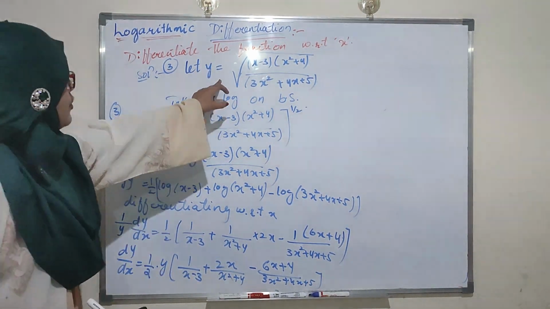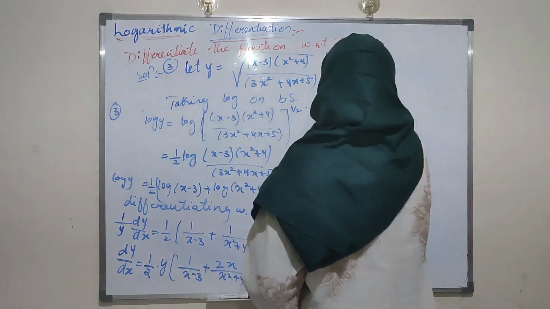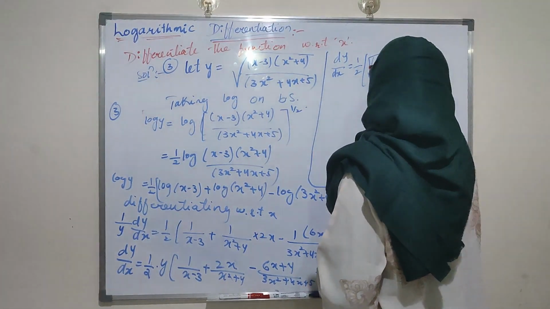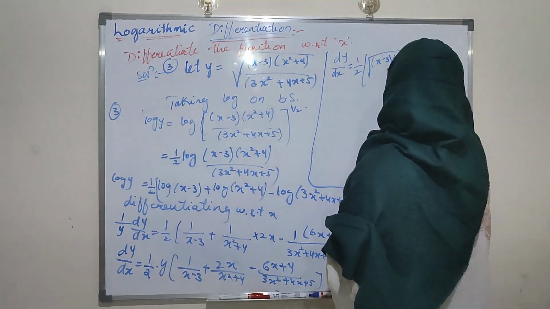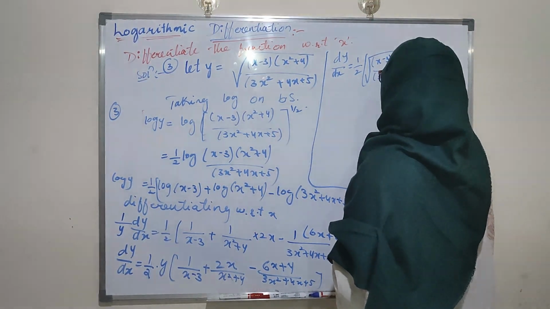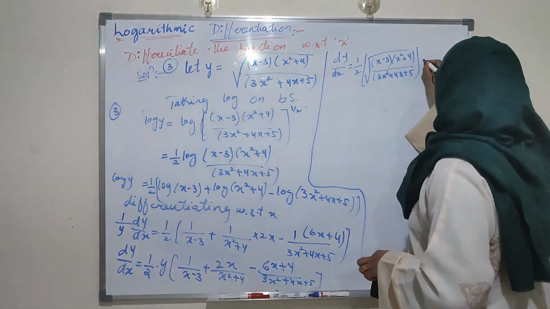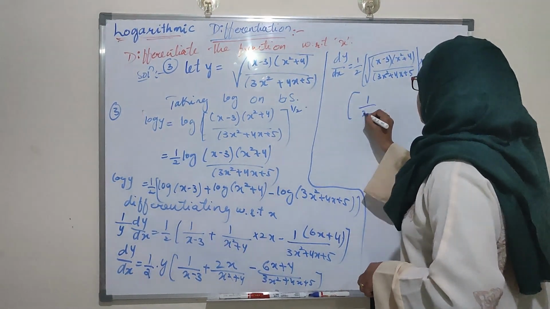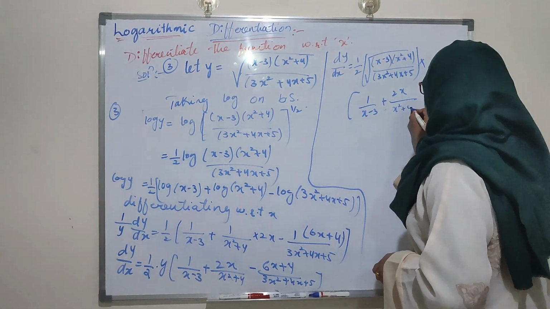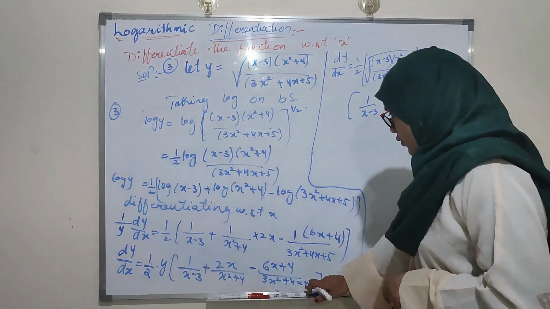So now we have to substitute the value for y. So dy by dx is equal to, what is y? y is 1 by 2 under root of (x minus 3)(x square plus 4) divided by 3x square plus 4x plus 5, the given value of y, into this whole bracket: 1 by x minus 3 plus 2x by x square plus 4 minus 6x plus 4 divided by 3x square plus 4x plus 5.